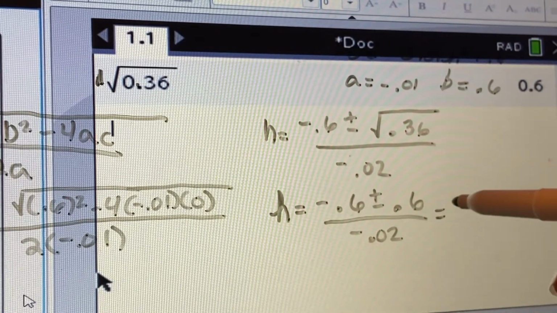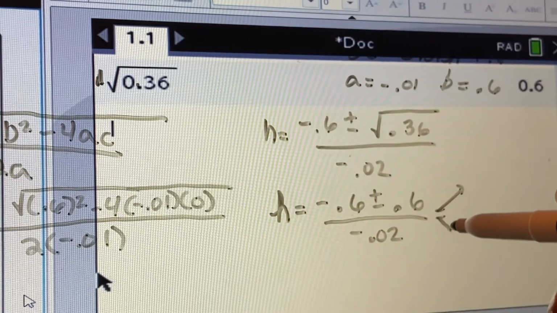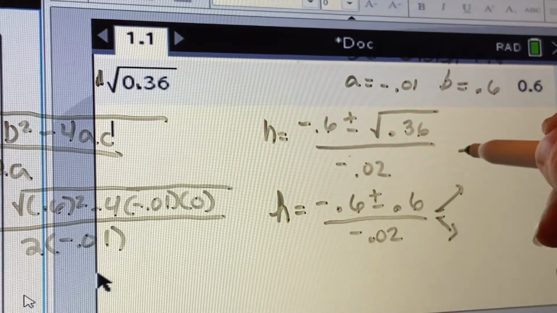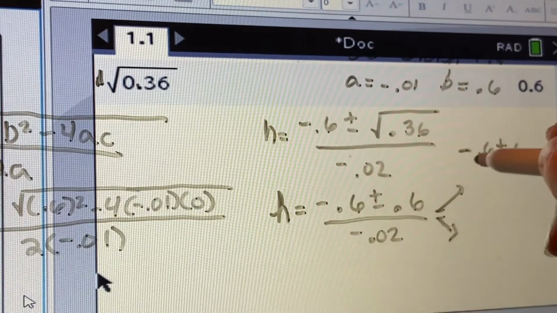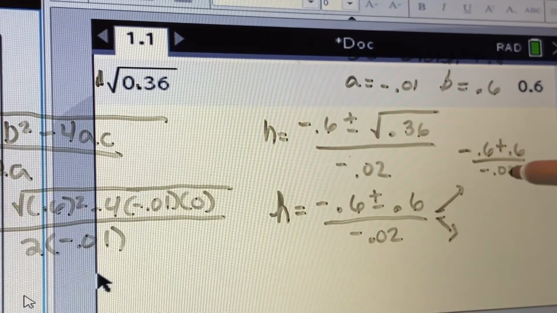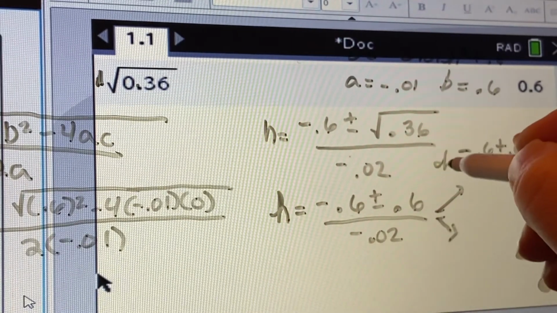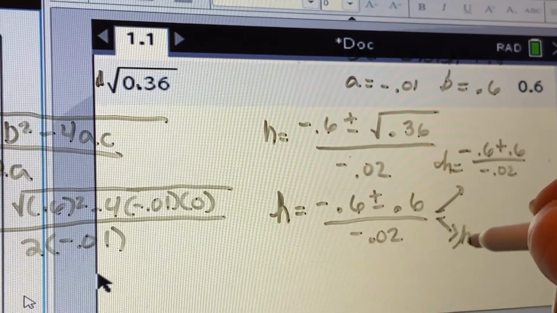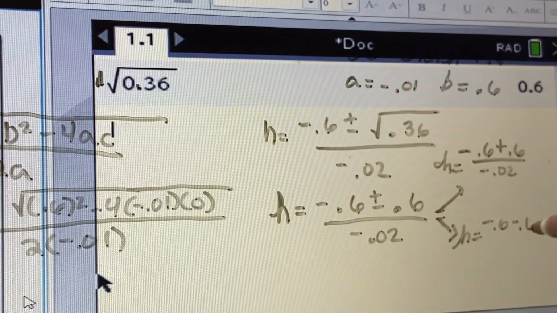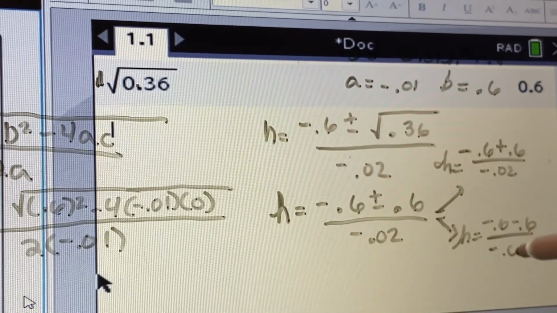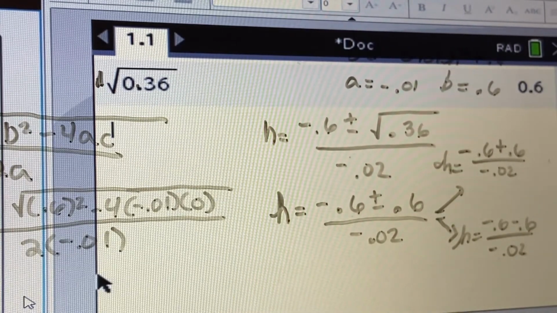So I'm going to do 2 problems here. Let me break this up. We're going to have the negative 0.6 plus 0.6 over negative 0.02, and then negative 0.6 minus 0.6 over negative 0.02. We do that.